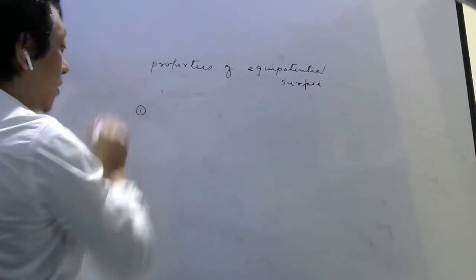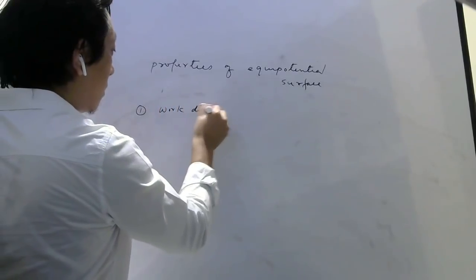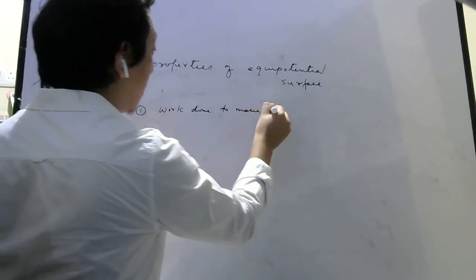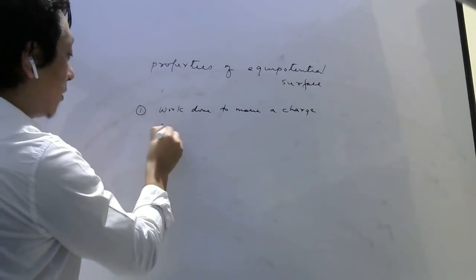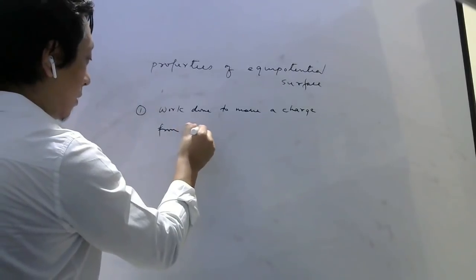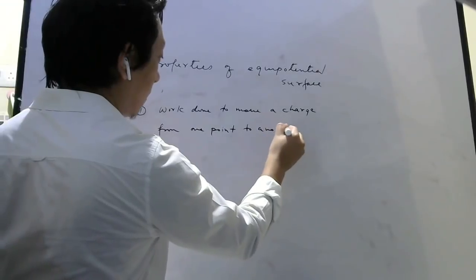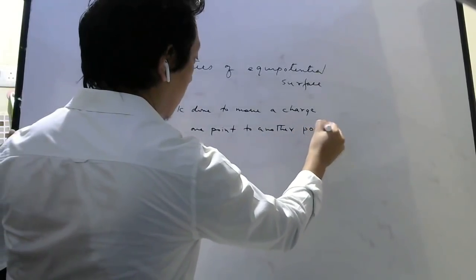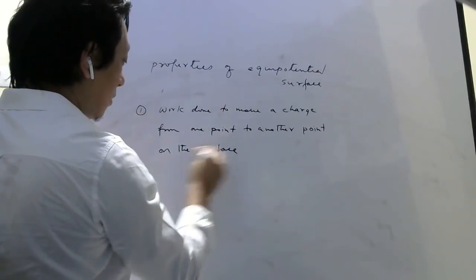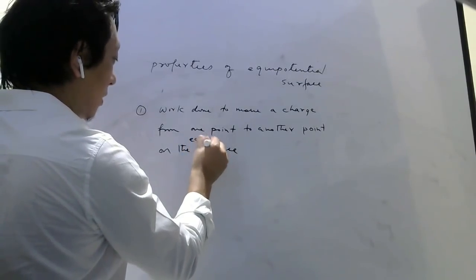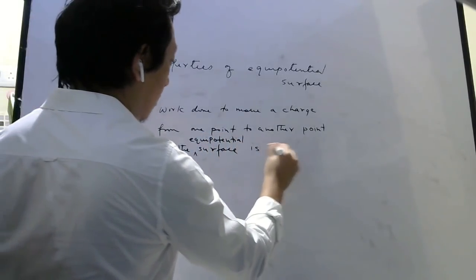So the first property is, listen carefully, work done to move a charge, any charge, from one point to another point on the equipotential surface is 0.